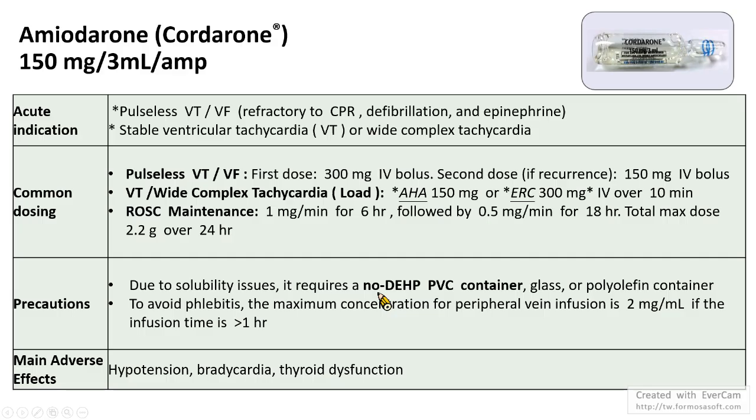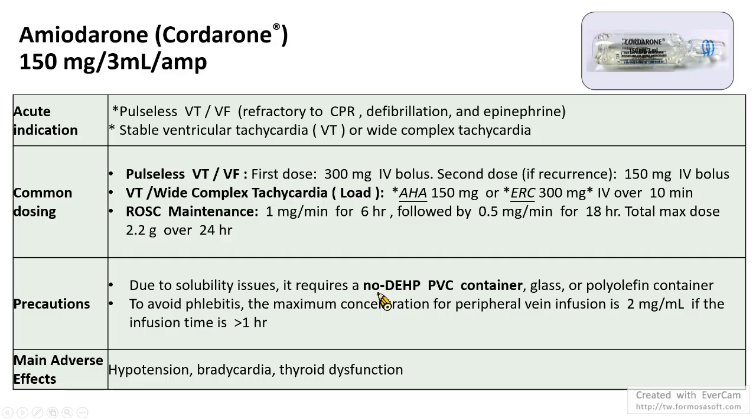And importantly, to avoid any extravasation or vein sensitivity, the maximum concentration for peripheral vein infusion should be kept at 2 milligrams per milliliter if the infusion time is longer than an hour.